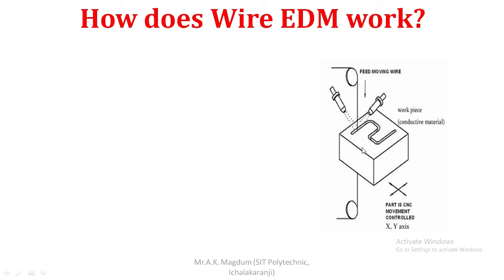Next, this one is the workpiece, and this profile is what we want to machine in this wire EDM process. And these are the flushing dielectric nozzles. Two nozzles are shown in the image, and the X and Y movement is controlled by the workpiece itself. So this is the construction of the wire EDM process.